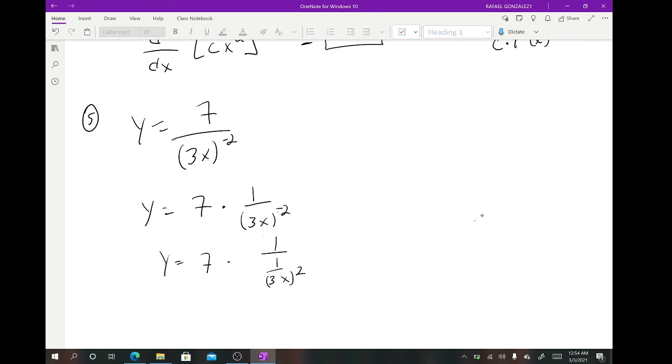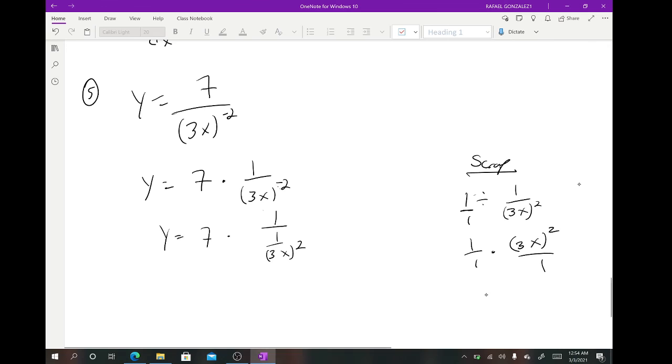But here, I'm going to do it on the side, just so that you can see what's going on. Scrap work. What we have here is a complex fraction. So what we have here is 1 divided by 1 over 3x squared. And this is really just 1 over 1, the numerator. So you could use the keep change flip method, and this is really 3x squared over 1, and you could multiply across.